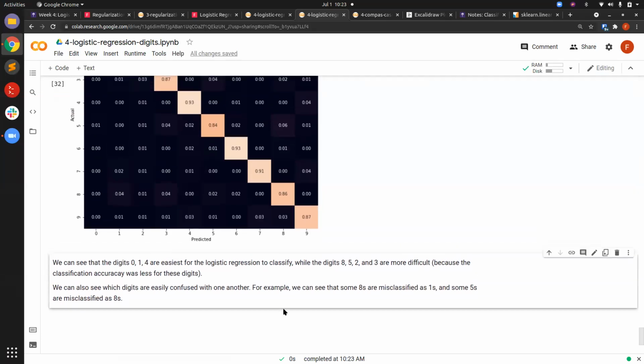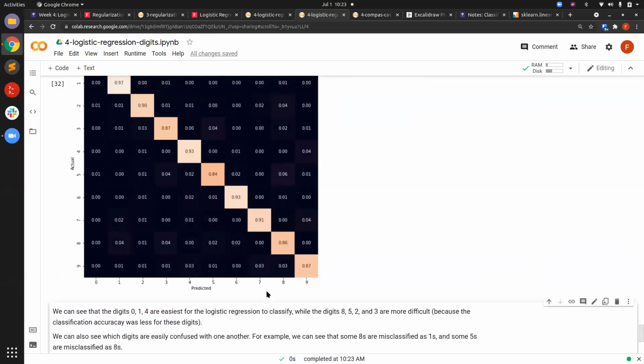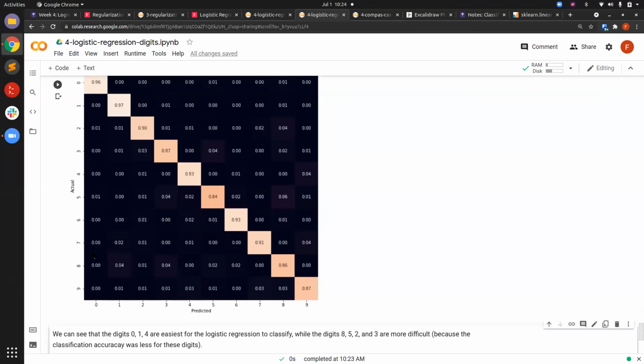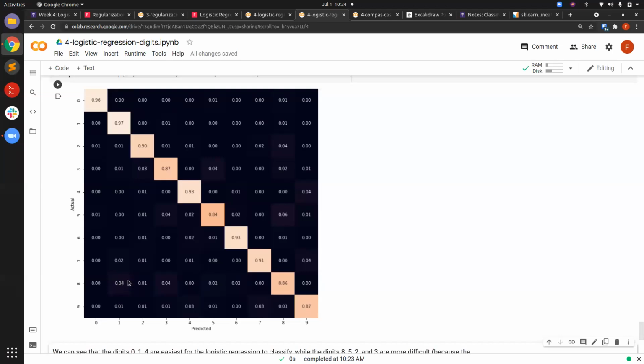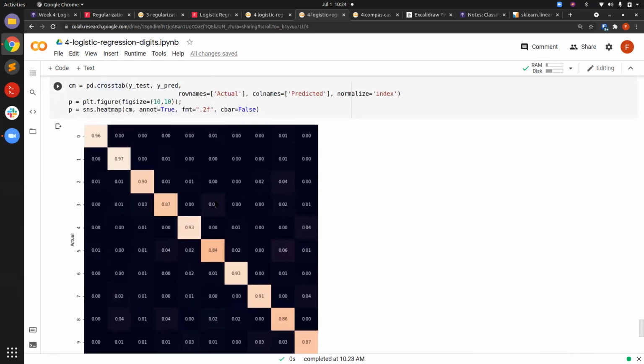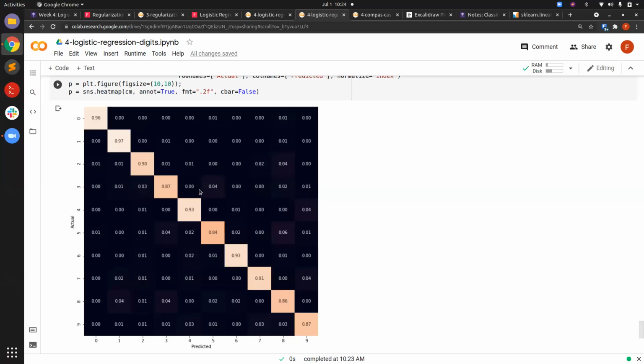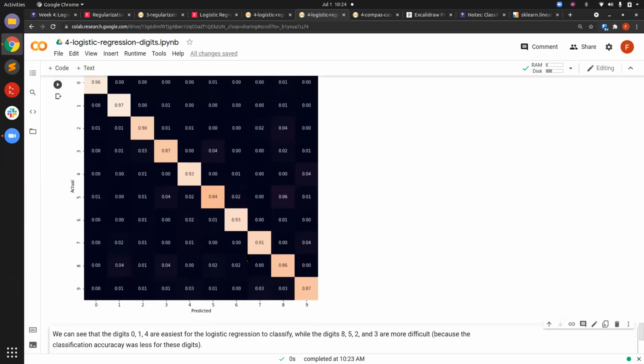We can also see which digits are easily confused. So for example, we can see here that it's pretty common for an 8 to be misclassified as a 1 because this value is pretty high, or it's pretty common for a 3 to be misclassified as a 5, for example, as seen by this value here.